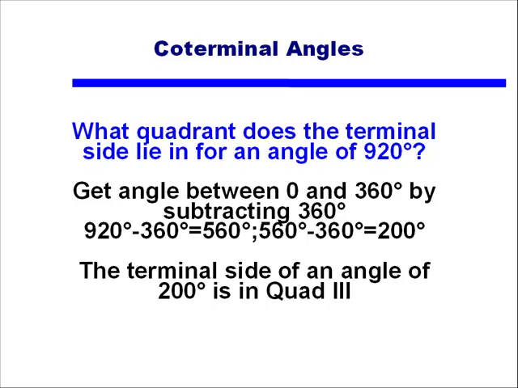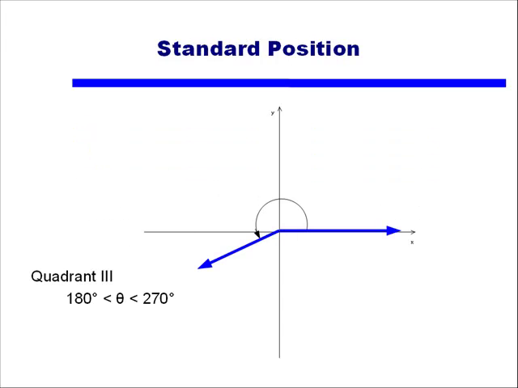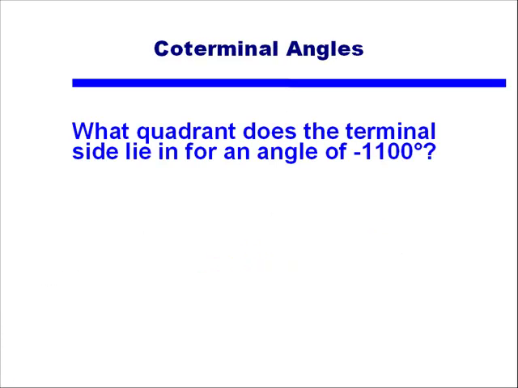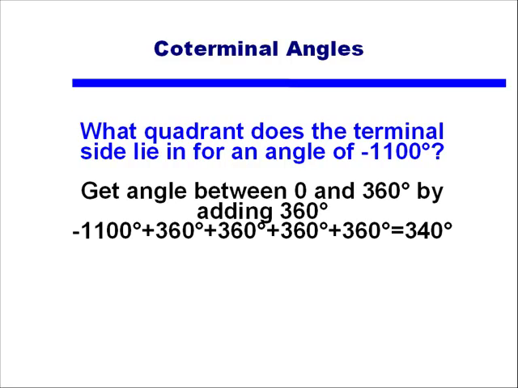And how do I know that? Well, if I remember from the beginning of the lecture, when we were talking about angles between 0 and 360 degrees, we found that in quadrant 3, angles are between 180 degrees and 270 degrees. Let's take one more example. Let's look at an angle of negative 1,100 degrees. Well, in this case, instead of subtracting complete rotations, we're going to be adding complete rotations. We want an angle between 0 and positive 360 degrees.